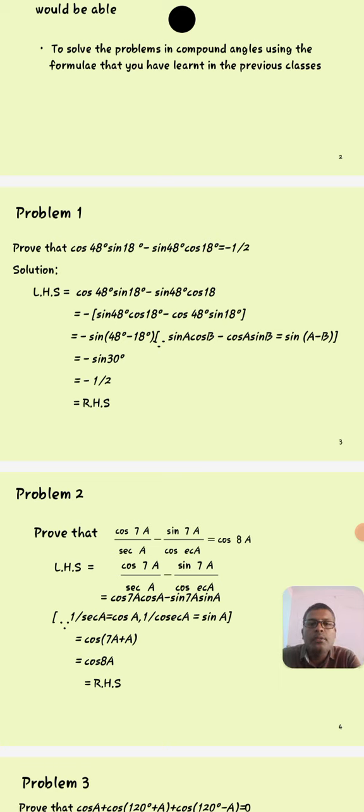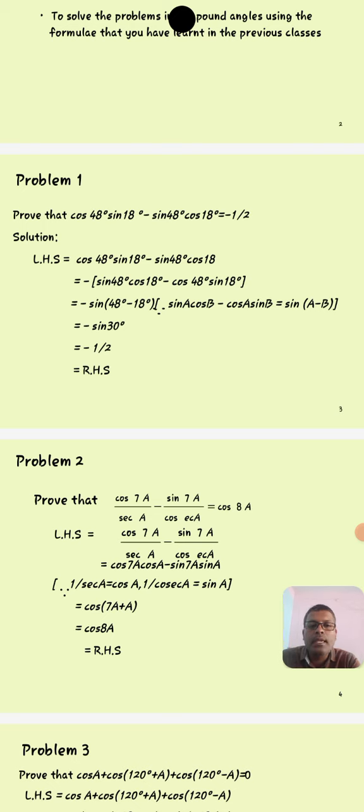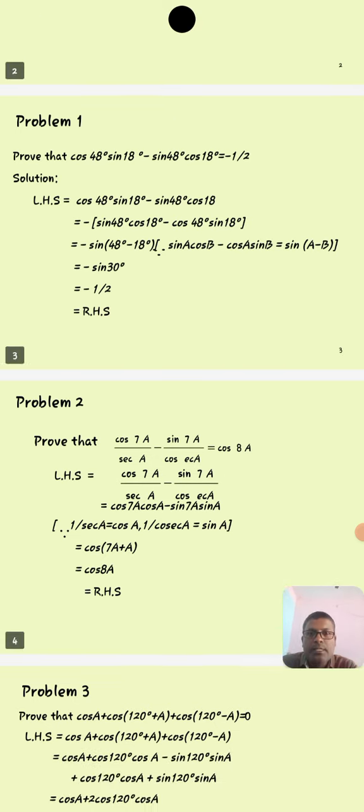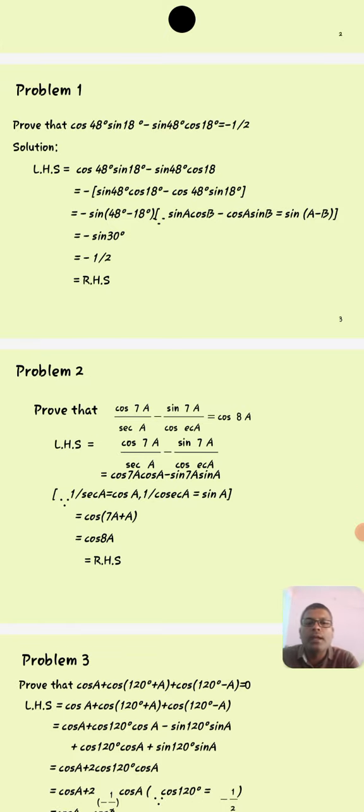Sine A cos B minus cos A sine B is equal to what? Sine of A minus B. Sine of A minus B means 48 minus 18, we get 30 degrees. We know the sine 30 value is 1 by 2. So we get minus 1 by 2. Are you clear? Okay? Yes. We just apply the sine of A minus B formula here.